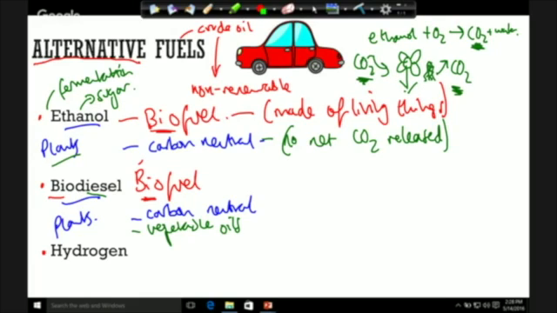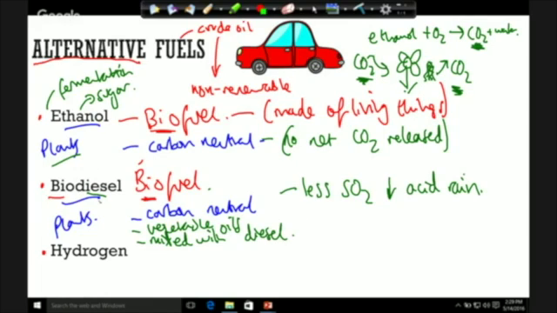And this can be mixed with regular diesel, which makes the fuel slightly more environmentally friendly overall. With the biofuel as well, because there are fewer impurities in it than the regular diesel, there'll also be less sulfur dioxide released, and that'll mean less acid rain.